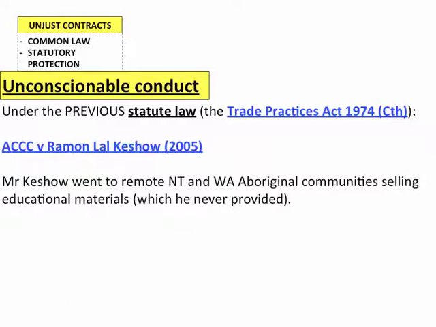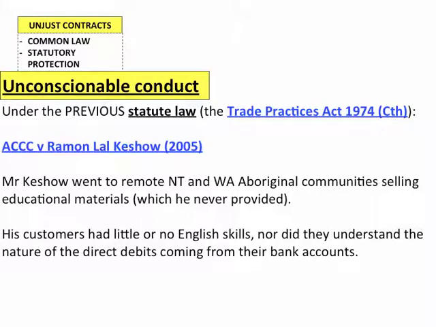So that's one problem. But the huge problem with the contract was that his customers were in a very vulnerable position, and he was getting them to sign a direct debit form, which meant that money would be taken out of their account automatically on the same day every month, or whatever. He was getting them to sign these things, and then he was just collecting the money.